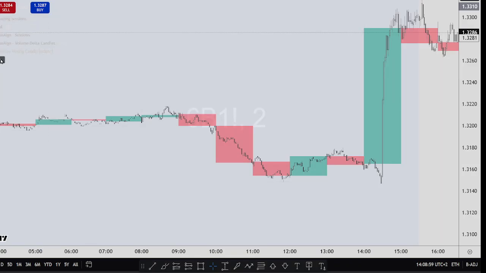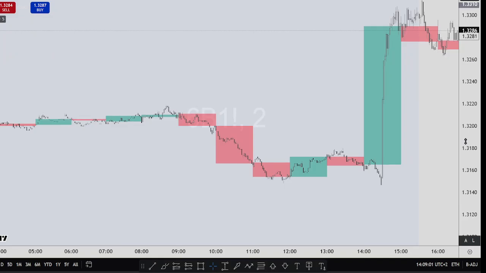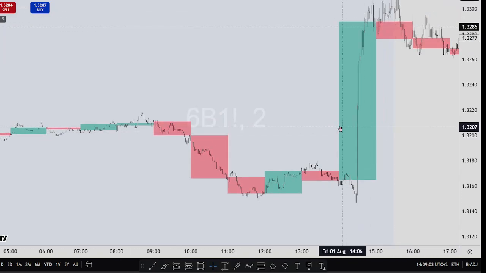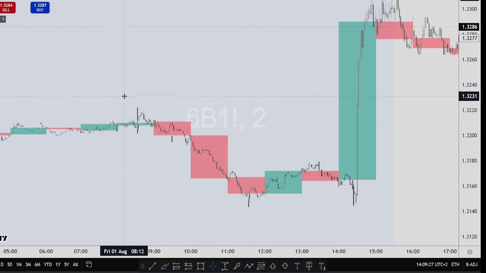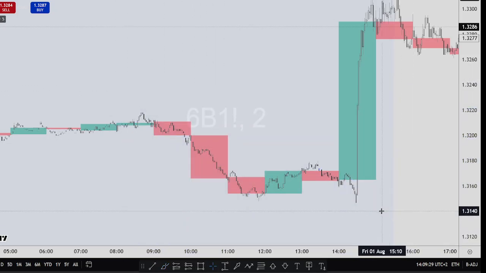We only see the green and red boxes, which are an hourly chart. And when price is outside, that's actually a pin. So this is like this, this is like this, and this is actually this. I understand, my paint skills leave something to be desired.